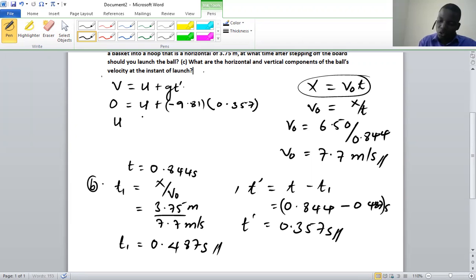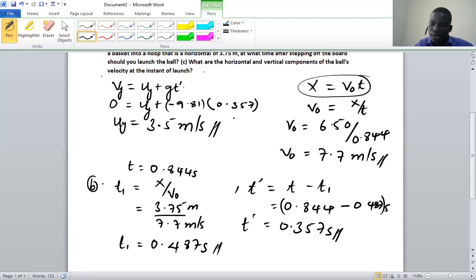So our initial speed component, let's say this is y. It's important to put a subscript so that you don't get confused. So we have 3.5 meters per second. This is the initial speed in the y.